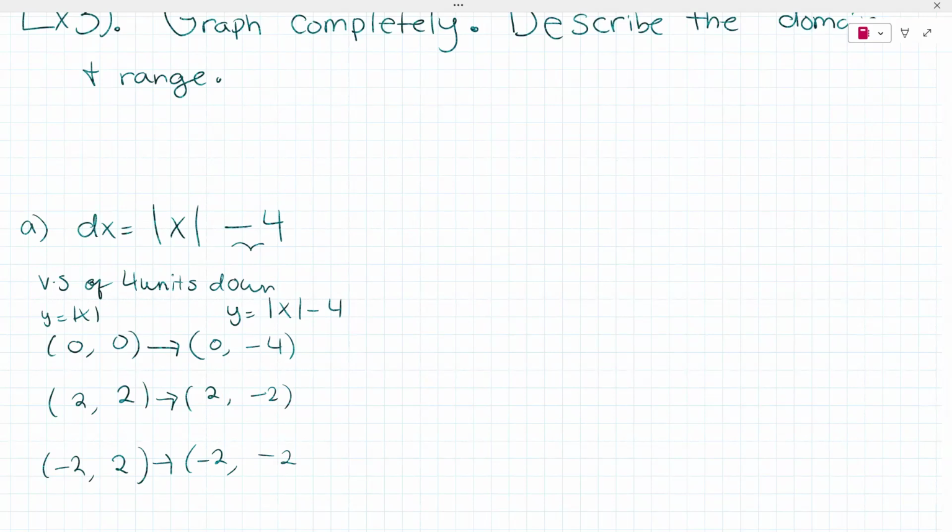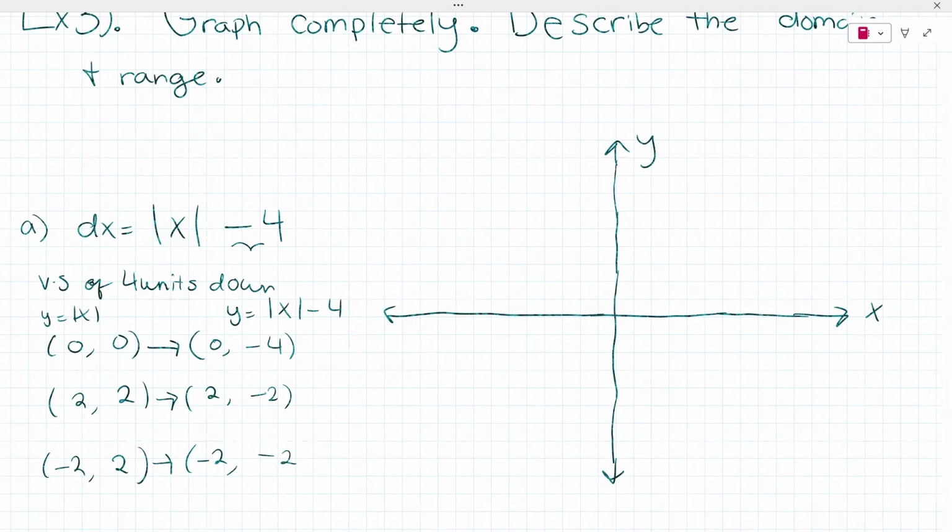So let's see if we get. Okay, so go ahead and plot that point. 0 comma -4. 1, 2, 3, 4 would be right here. 2 comma -2 would be right here. -2 comma -2 right there.